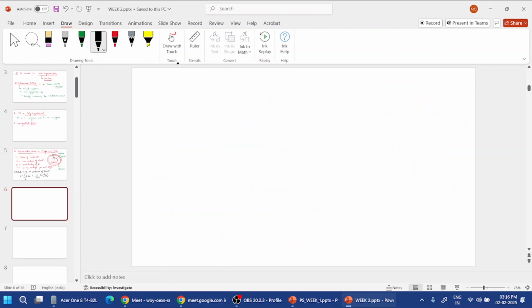So this is the voltage potential, which is lambda by 2 pi epsilon log capital R by small r.